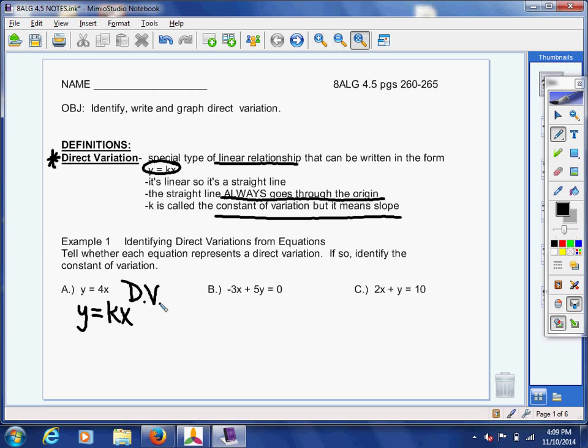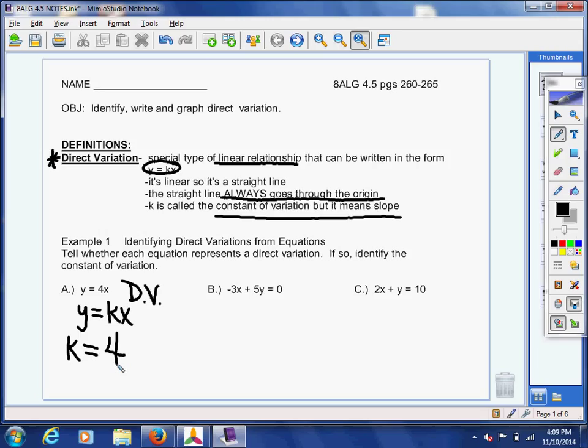DV means direct variation. And so, looking at the equation, can you tell what k is equal to? If you are thinking 4, you are exactly correct. So, good job. When it's already solved for y, see if it's in the format y equals kx. Great job.